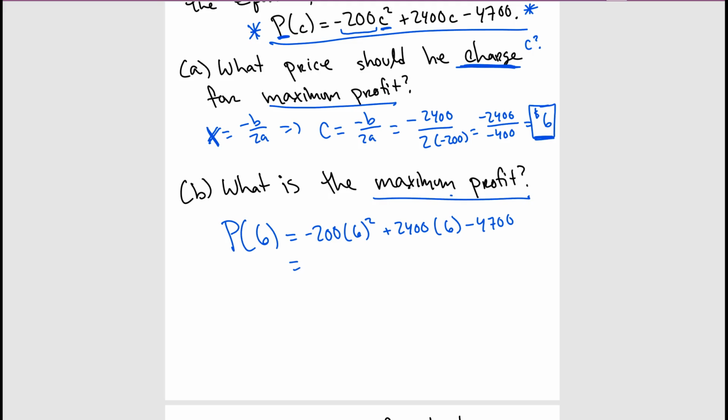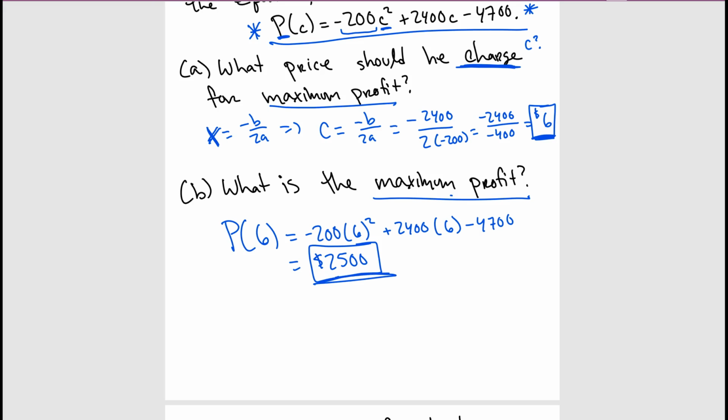You can just put this in the calculator, and what I ended up getting was 2500. This is my maximum profit. So when I charge $6, this is the profit that I'm going to take in.